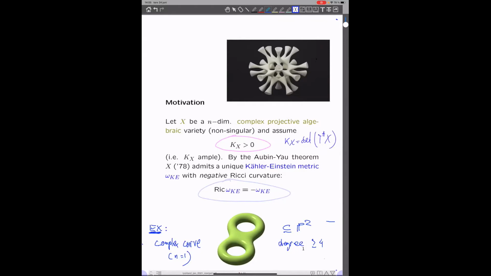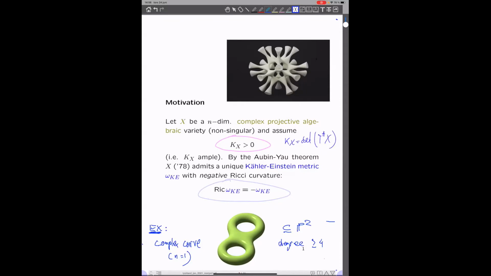The canonical line bundle is the determinant, that is the top exterior power of the cotangent bundle. And you can sometimes assign a sign to the canonical line bundle. I would start by looking at these varieties whose canonical line bundle is positive, because in some sense they are the simplest ones.